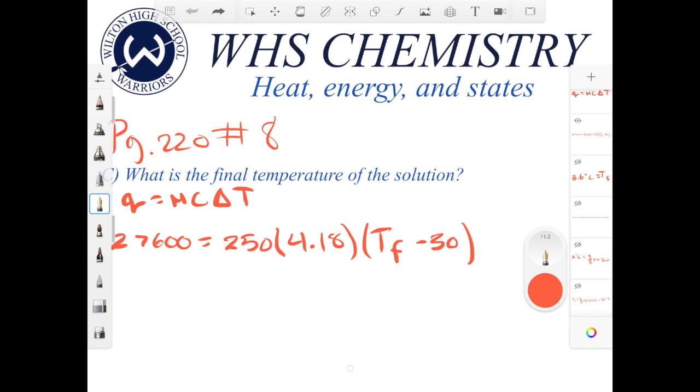Once you simplify this equation using some simple algebra, the answer to the problem is temperature final equals 3.6 degrees Celsius.